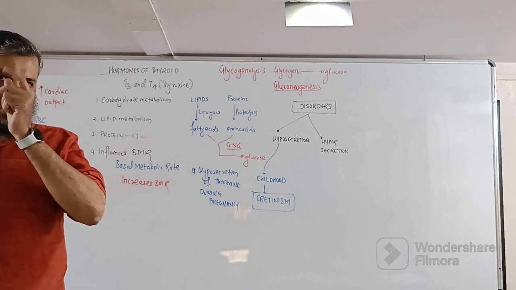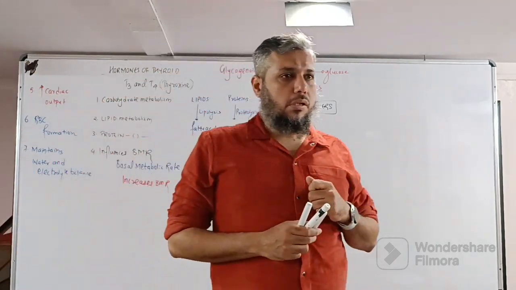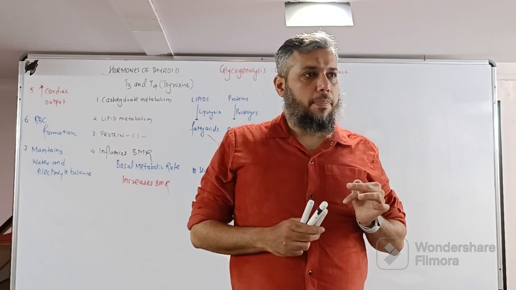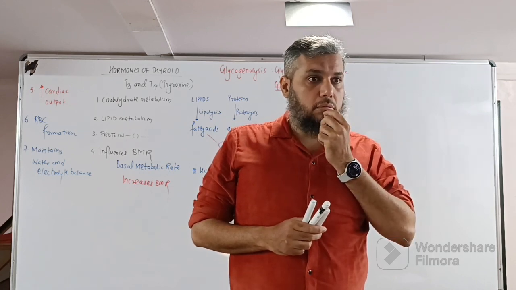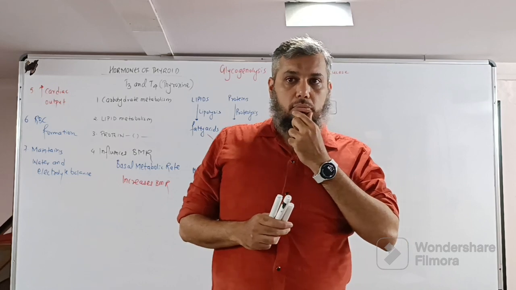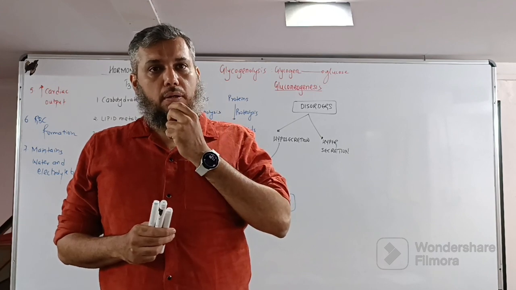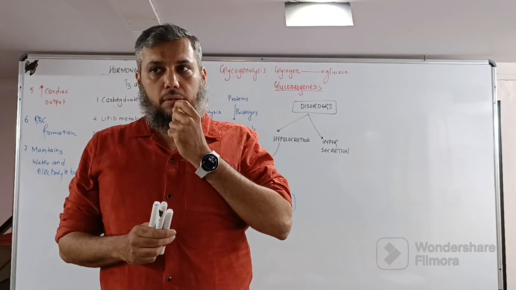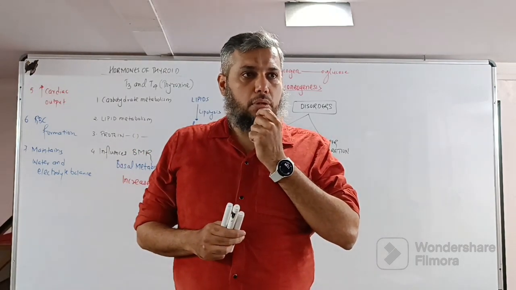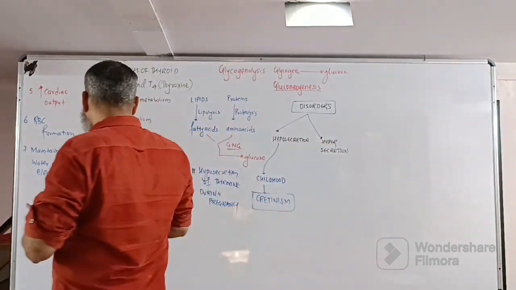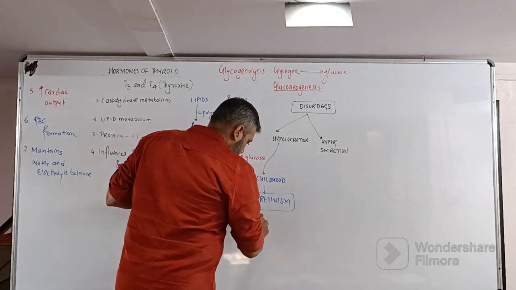In which disorder did we see this stunted growth symptom before? Stunted growth condition, when did we see it? When there was hyposecretion of growth hormone. Sit down. So during childhood, if there is stunted growth, the condition will be cretinism.